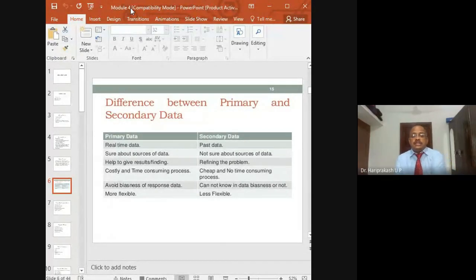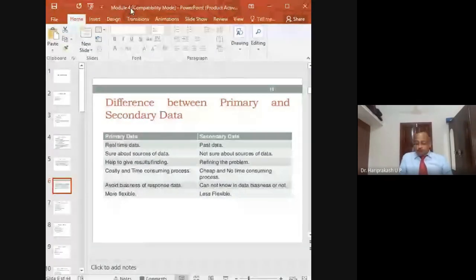Help to give results and findings. Primary data is mainly collected to find some result, whereas secondary data is not necessarily for finding results. It may be to refine the problem. You need to clearly understand what the research problem is, as we have discussed in previous sessions.